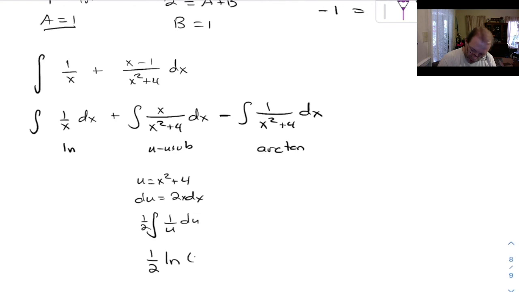I'm going to write that as x squared plus 4. That first one is just natural log of the absolute value of x. And the last one is going to be, using my formula, minus 1 over 2 arctan of x over 2, plus c.